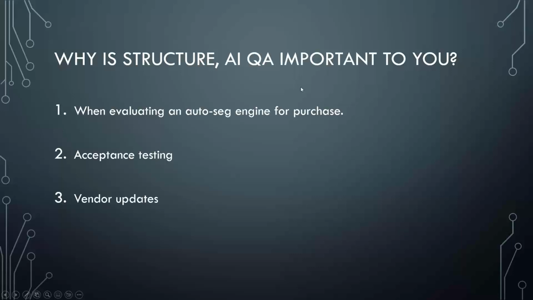Vendor updates. Another reason for getting Structure AI QA is when your vendor provides an update. The AutoSeg engine updates are going to become much more like DOS engine updates, but much more rapid. It seems like every other month you're getting an update. They're going to be changing continuously and releasing updates.